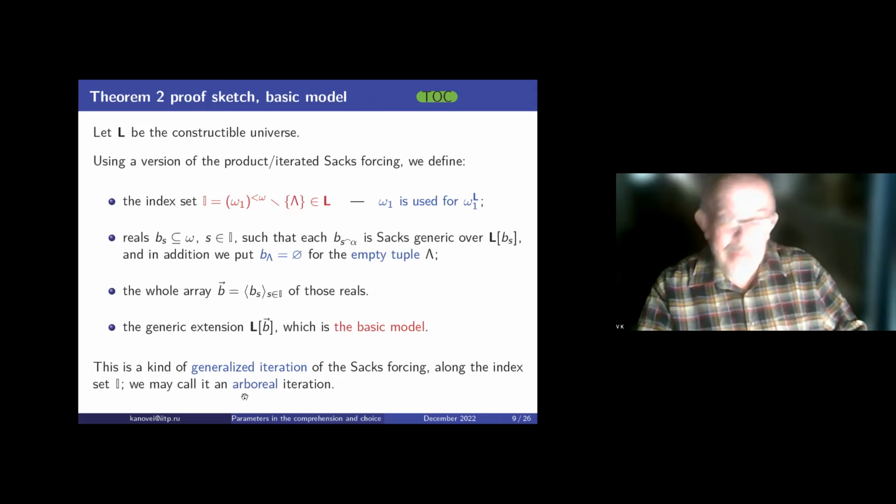Sometimes this sort of extension is called arboreal iteration because it's not a usual linear iteration, but rather it's arboreal because the structure of iteration is a tree now. The index set I is a tree, not a linear order as in the more common iteration. It's arboreal.